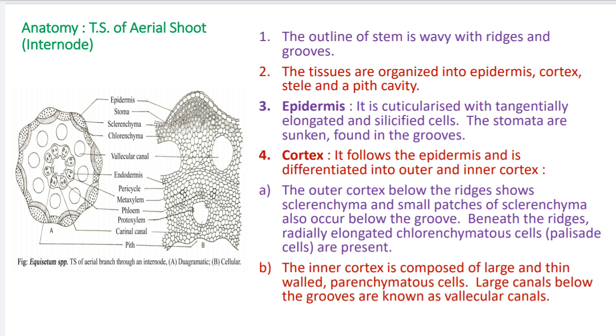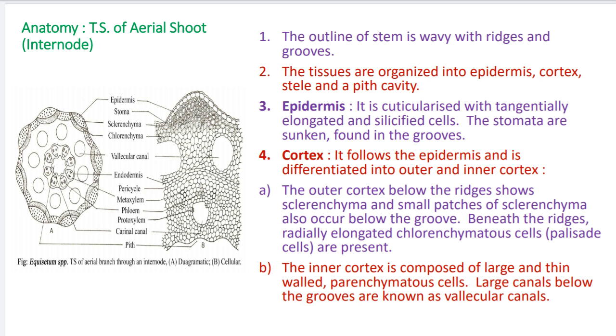Then small b, the inner cortex is composed of large and thin walled parenchymatous cells, and you see in the inner cortex there is a parenchymatous region, a cortex which is made by the parenchyma, which is the simple thin walled tissue which is always storing in function. Large canals below the grooves are known as vallicular canals.